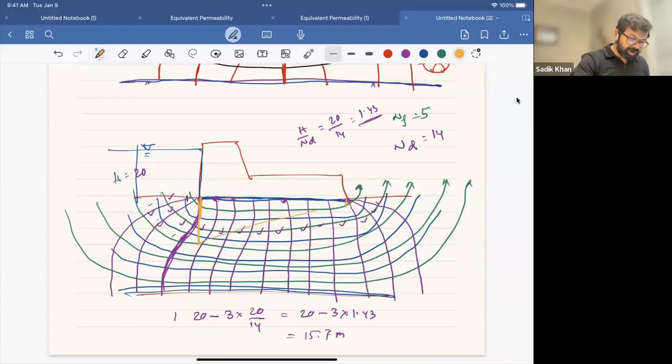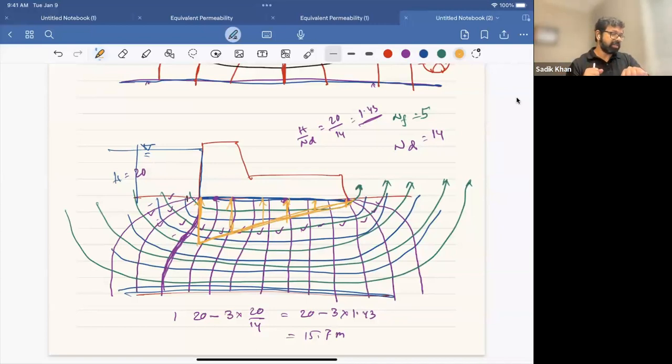And we can calculate what is the uplift force going up. So this is the uplift force, the water pushing the soil upward, right? At each point, we can calculate how much pressure water is pushing the structure upward. So this is the uplift force. Water is trying to push the structure up.